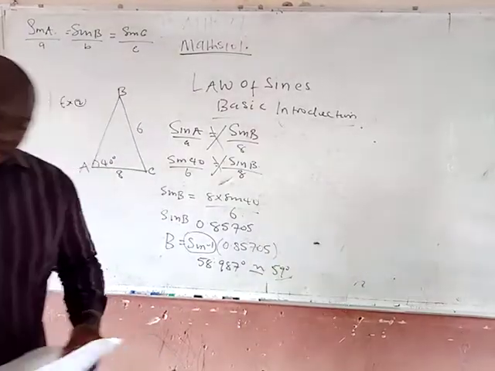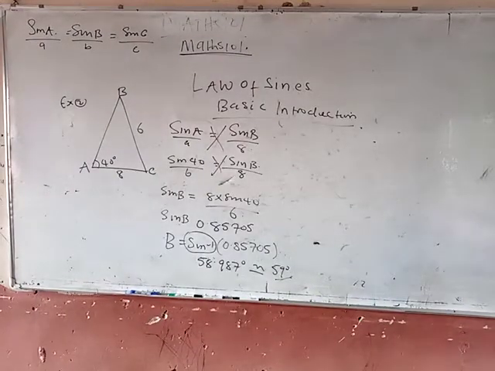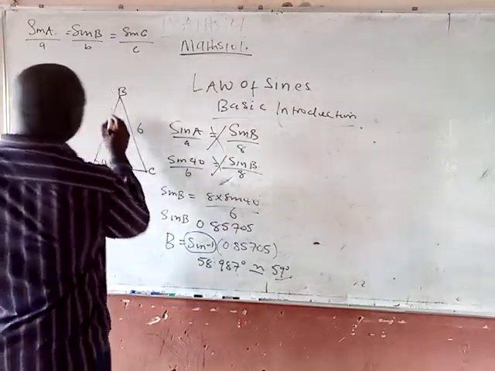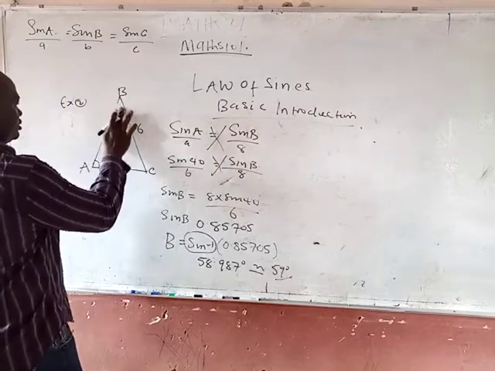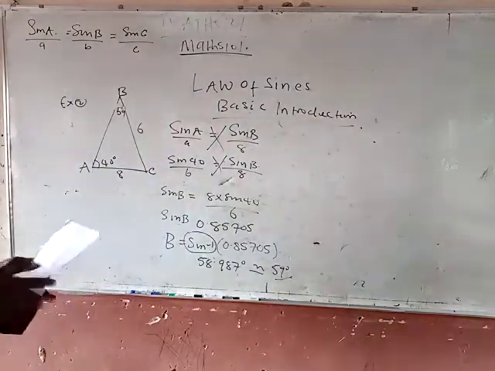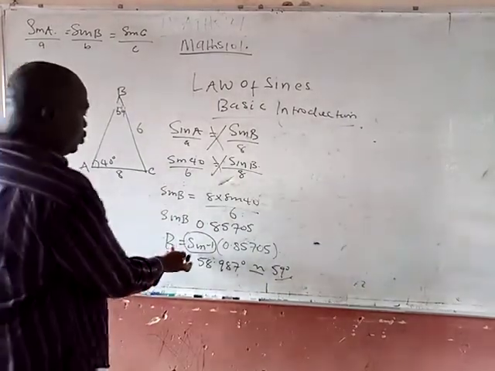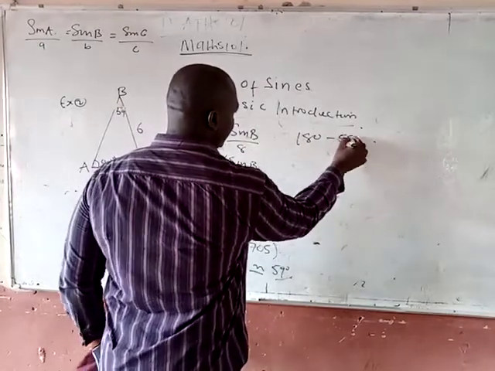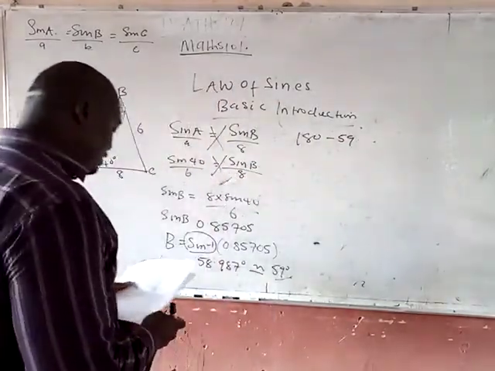Good. Now, the first thing you have to do is subtract this from 180. Because remember, if this is B, which is 59, the next thing you do immediately after the sine inverse is say 180 minus 59.